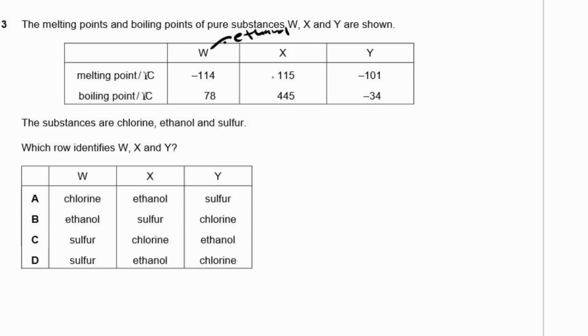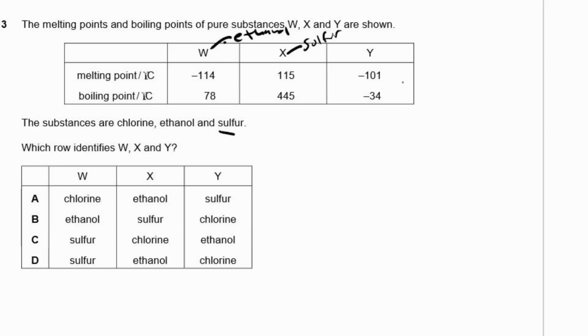X melts at a really high temperature and it boils at an even higher temperature. So this one is going to be a solid until you get to 115 degrees Celsius. That will be sulfur because the melting point and boiling point are very, very high. And Y boils at minus 34 degrees Celsius.